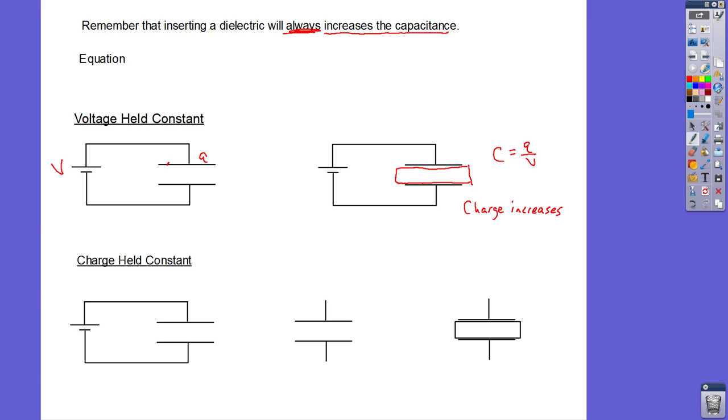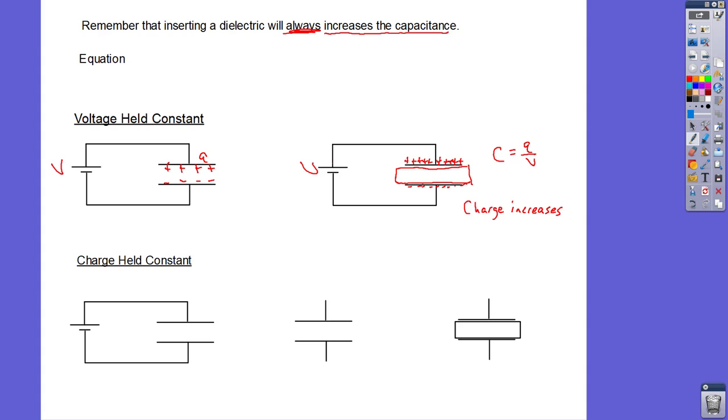Once you put the dielectric in there, you're going to get more charge on there. Okay, but the voltage stays the same.